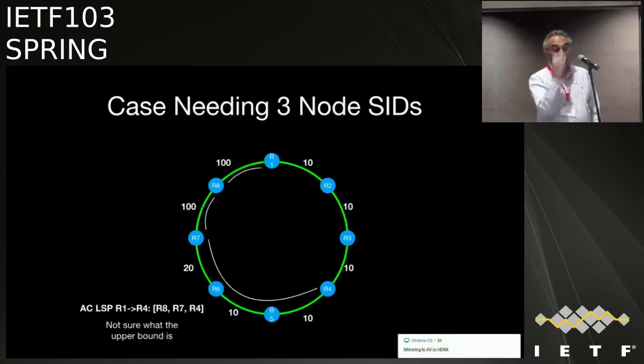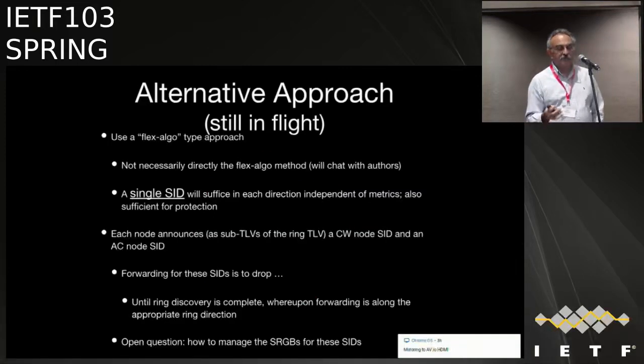An alternative approach is to use a flex algo type approach, not necessarily that mechanism for flex algo, where you have a single SID that says I'm a clockwise SID, and another SID that says I'm an anti-clockwise SID. No matter what the metrics say, because part of the ring discovery says this is clockwise, everyone on the ring agrees on which is clockwise and which is anti-clockwise.